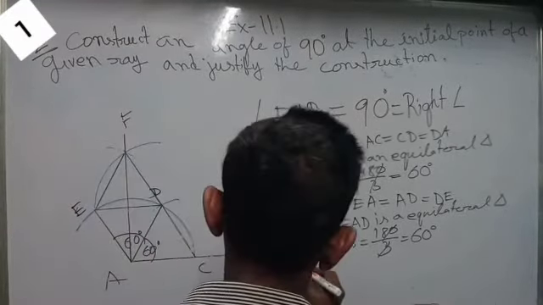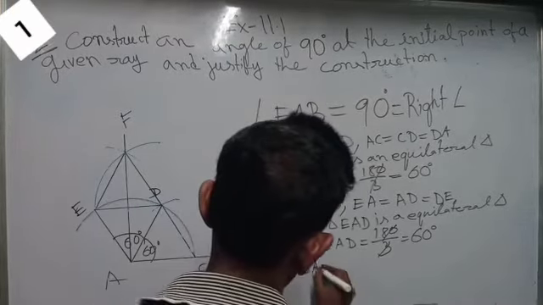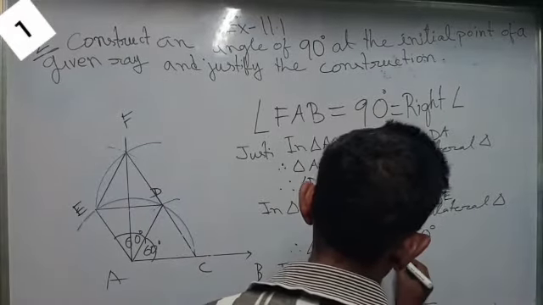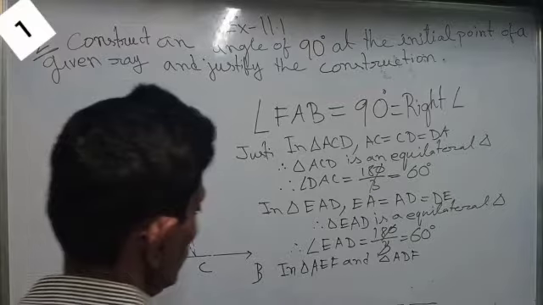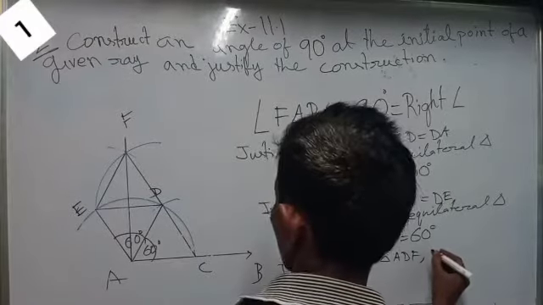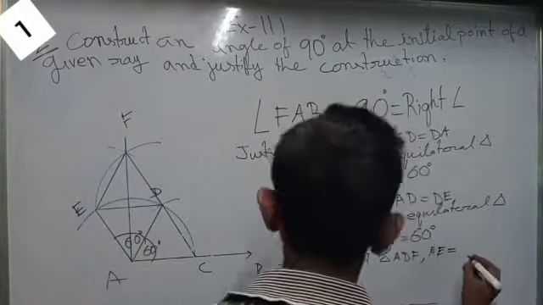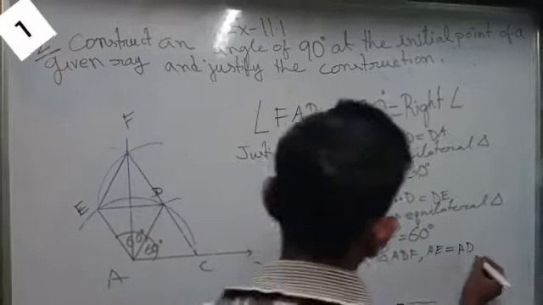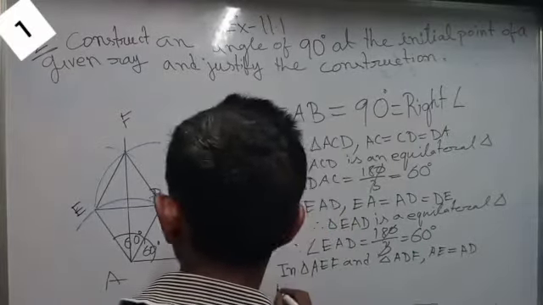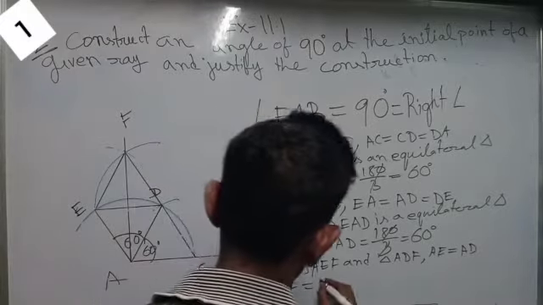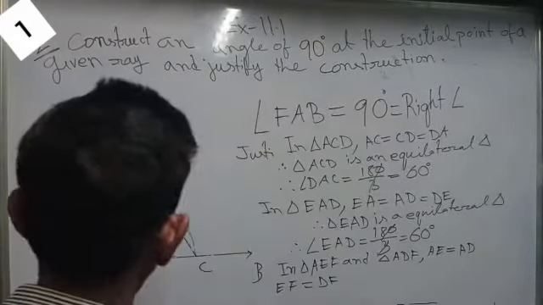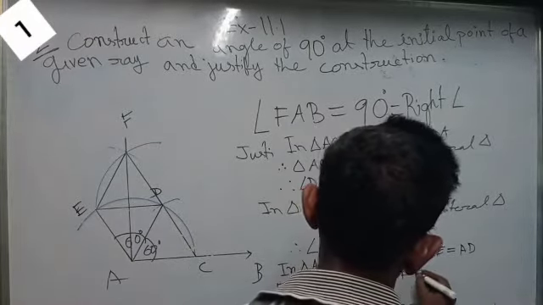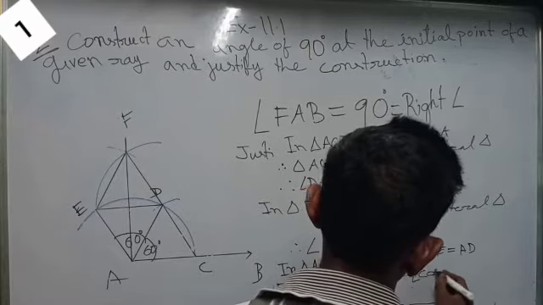In triangles AEF and ADF, AE equals AD equals DE, EF equals DF, and AF equals AF, common.